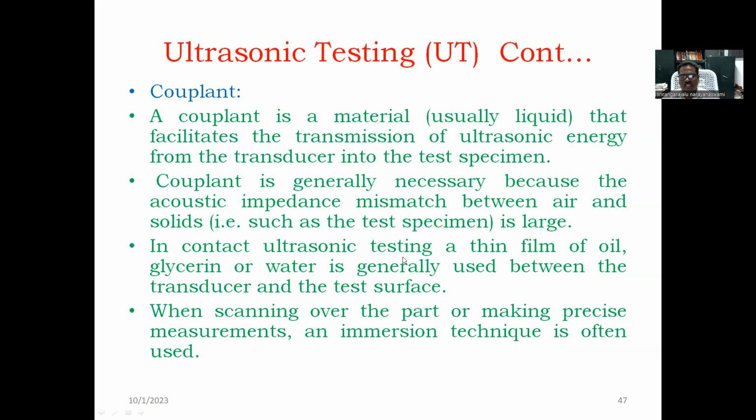In contact ultrasonic testing, a thin film of oil, glycerin, or water is generally used between the transducer and the test surface. When scanning over the part or making precise measurements, an immersion technique is often used.